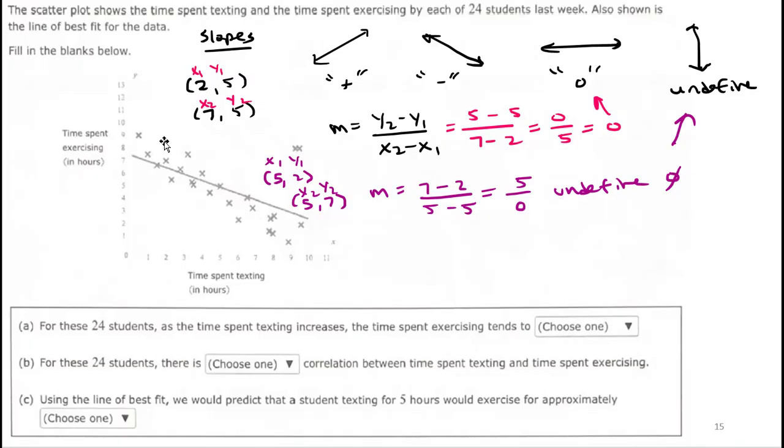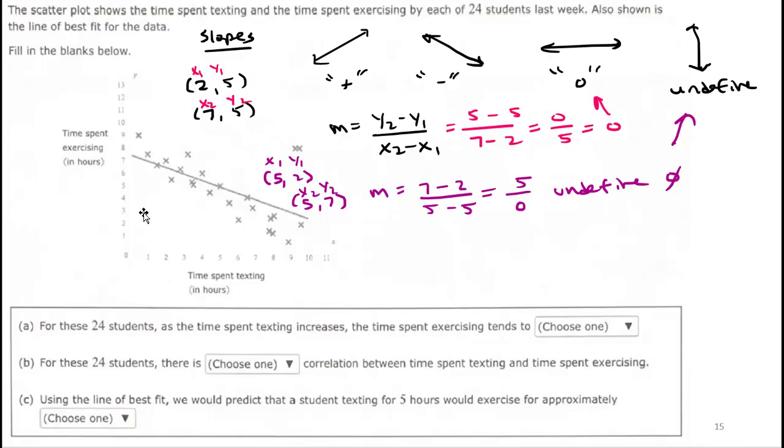You're just wasting your time. So go do something else. But if you're here, I expect you to do the problems and do the work. Maximize your time. So anyway, again, the more time these students spend texting, the less time they're going to spend exercising.